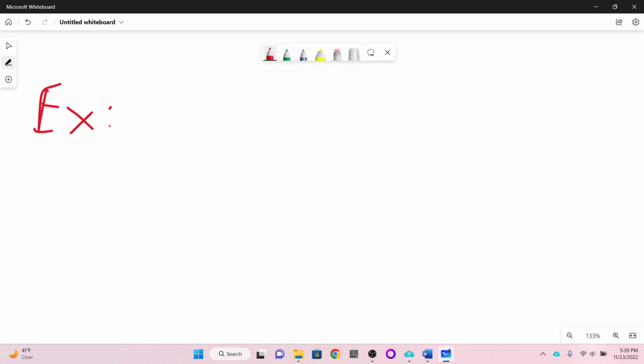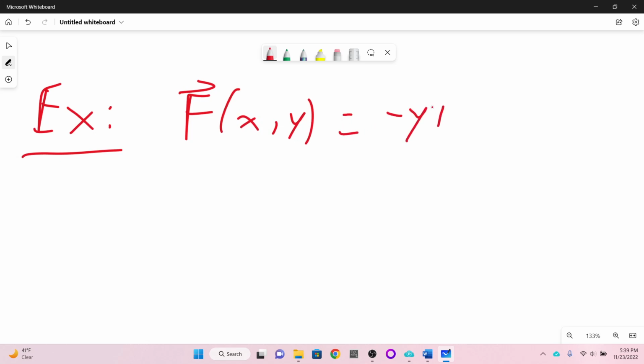This one I really like because it shows up in a lot of other courses too. F of x, y is negative y i plus x j, over x squared plus y squared.